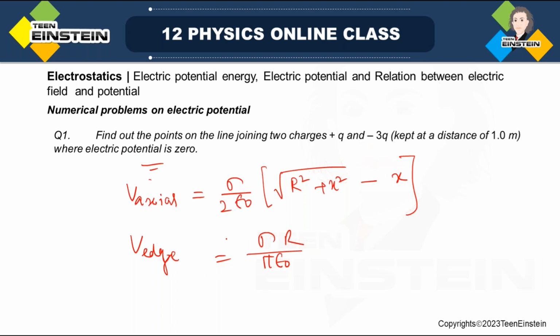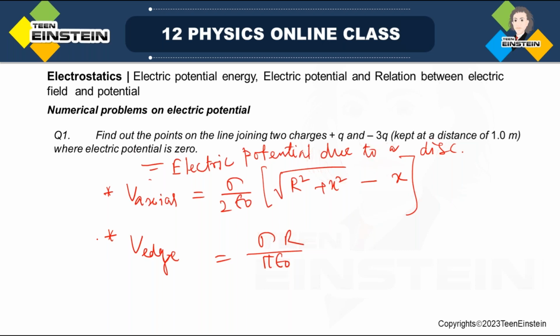So this is actually on the edge. So the electric potential due to a disk. Okay, so these are two important points to remember.